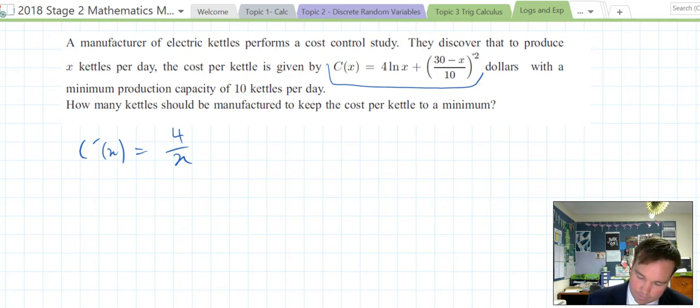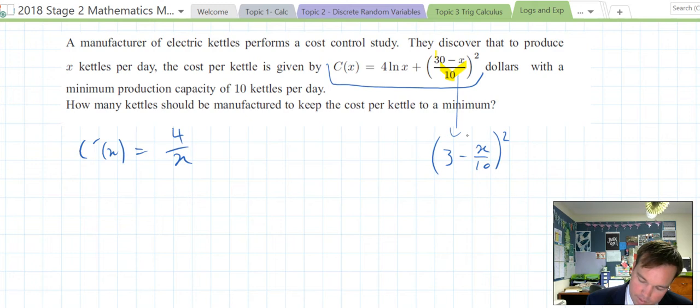This here is relatively brutal. This one, you could probably expand and simplify, and that would work out quite nicely. Or you can think of this inside portion as 3 minus x on 10 squared, because you can attribute the 10 to both. 30 divided by 10 is 3, minus x divided by 10 is minus x on 10.